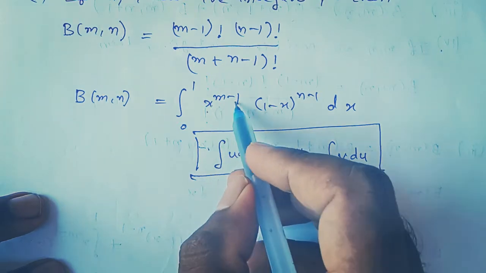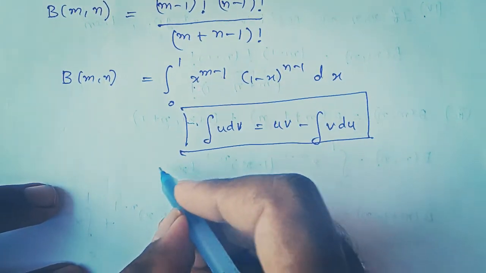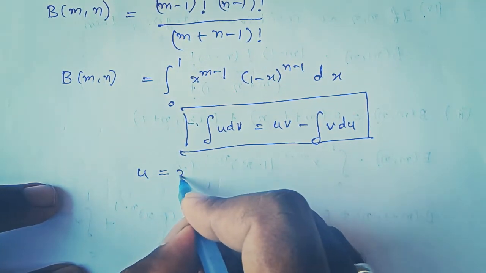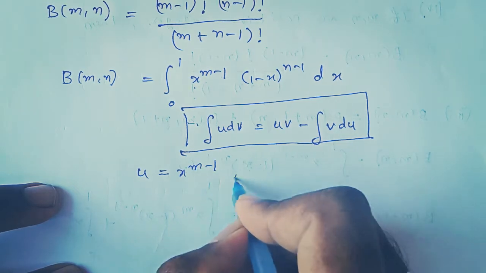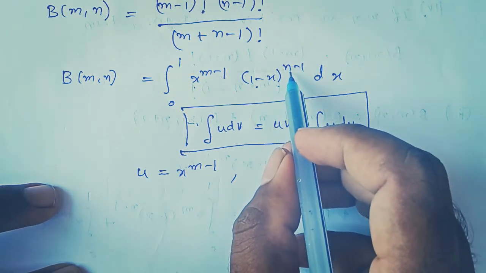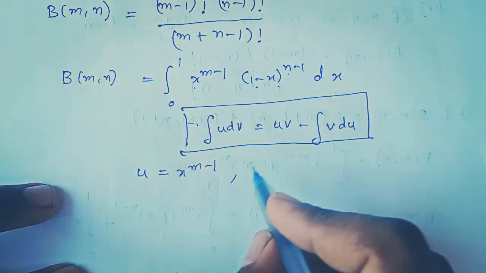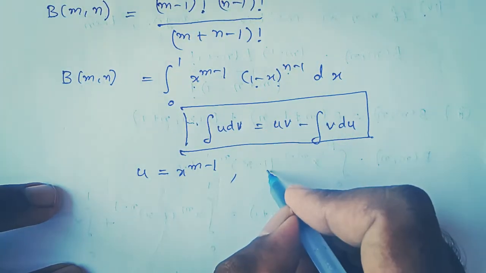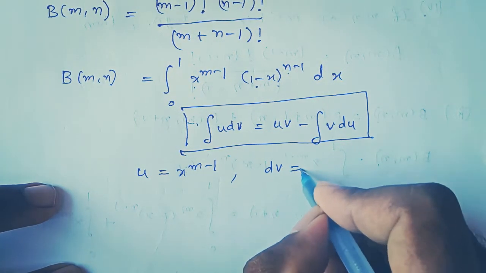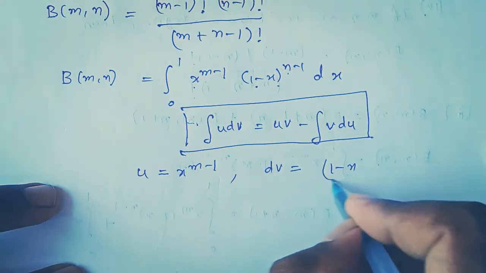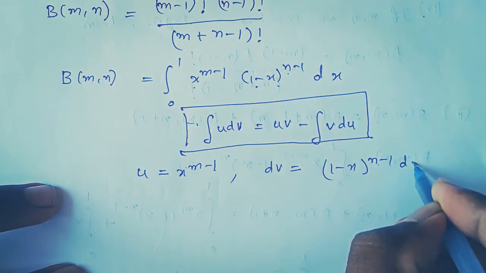Let us consider x^(m-1) as u, that is u = x^(m-1). The other function, (1-x)^(n-1) dx, as dv, that is dv = (1-x)^(n-1) dx.